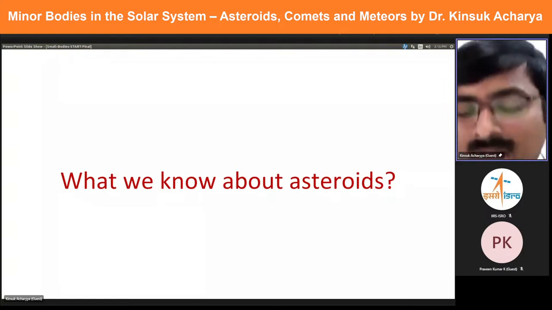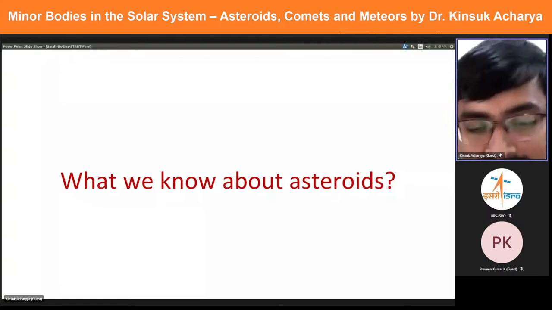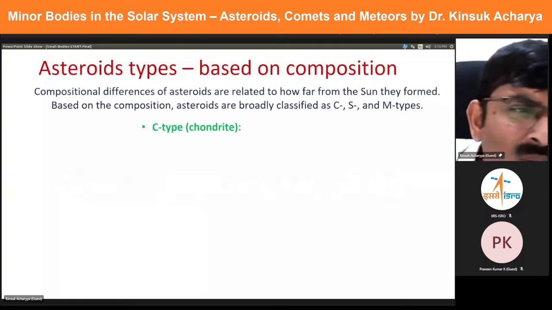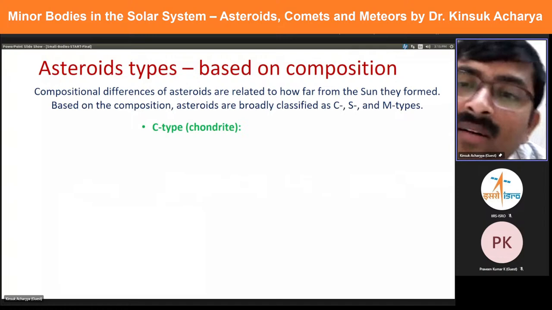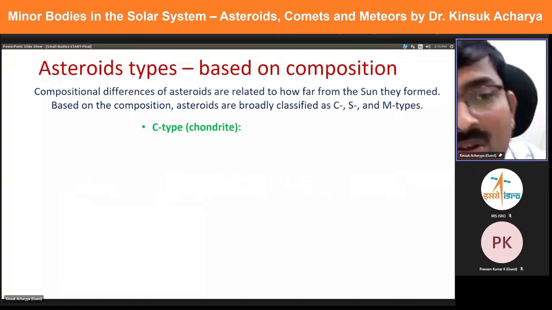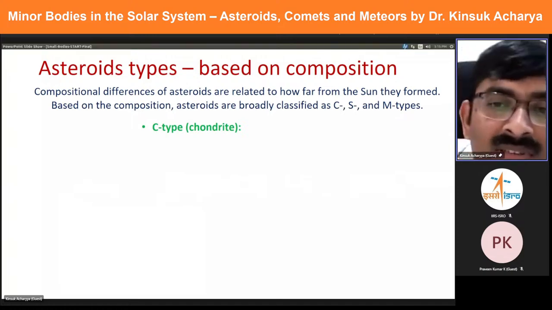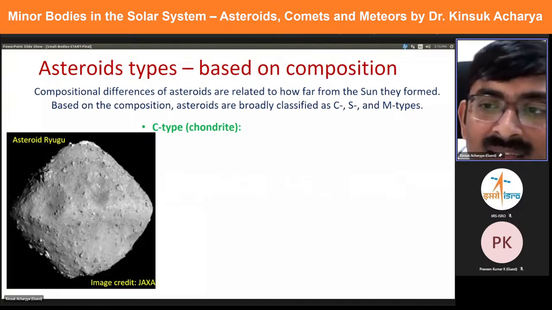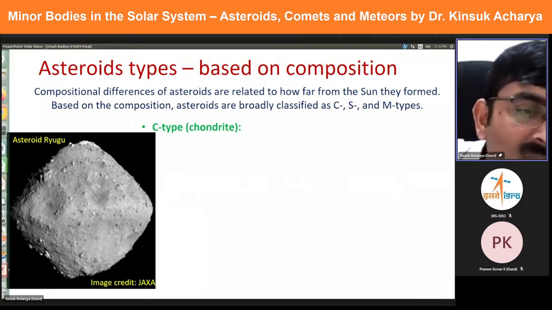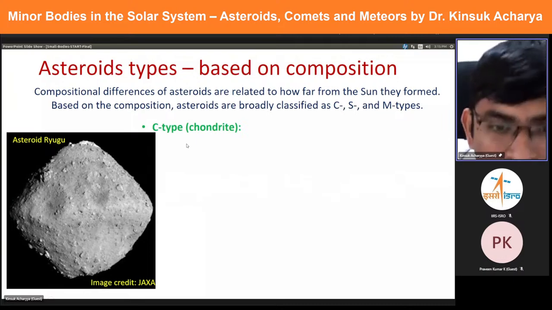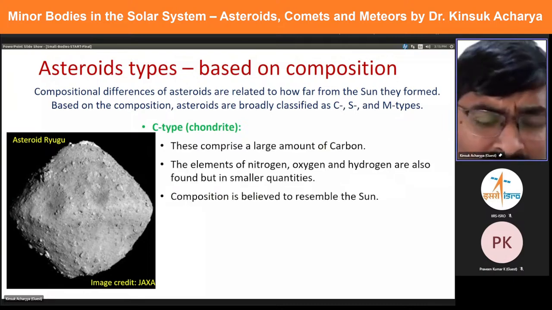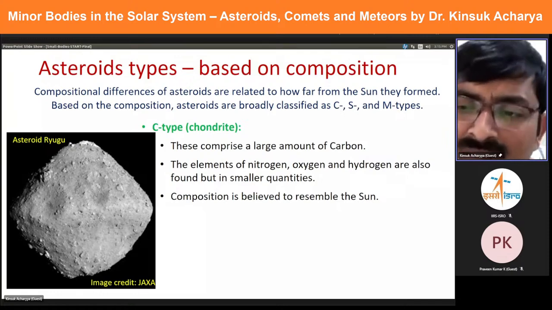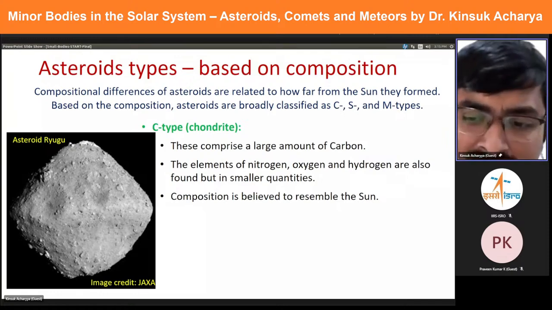So now let us know a little bit more about their compositions, for example. Typically, the compositional difference of asteroids is mostly related to how far from the sun they formed. Based on that, there are typically three types: C type, S type, and M type. C type is basically the chondrite type. They are comprised of a large amount of carbon, although you can get nitrogen, oxygen, hydrogen, but in small quantities.